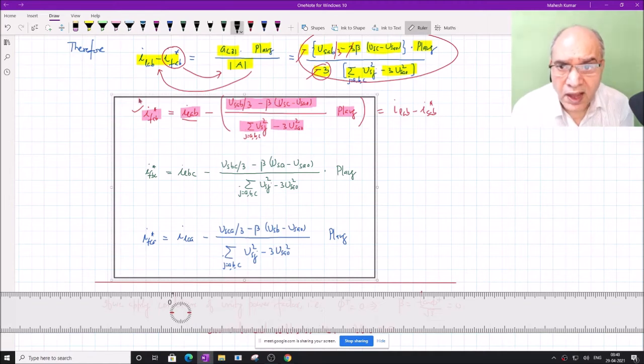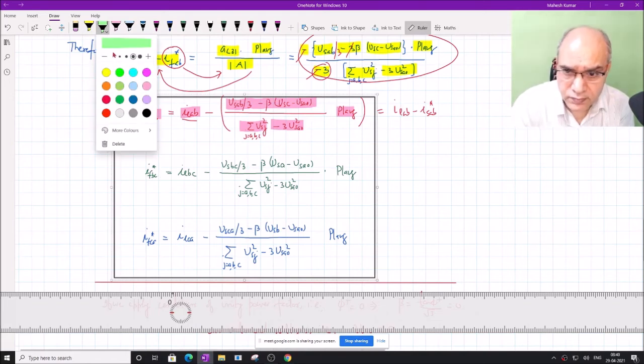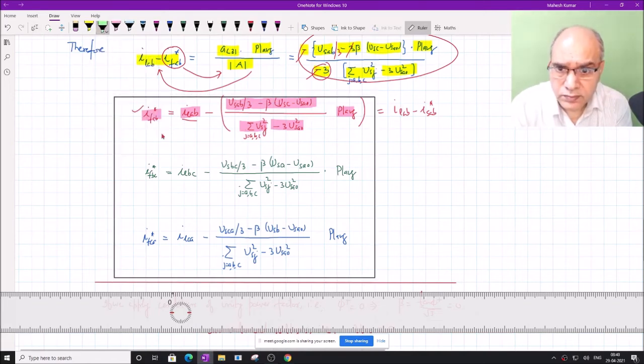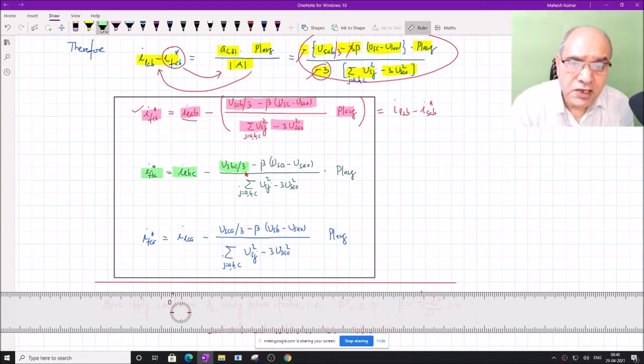So IFBC star becomes ILBC minus VSBC by 3 minus beta VSB minus VSA0 by sigma VSJ square minus 3 VSA square into PL average.